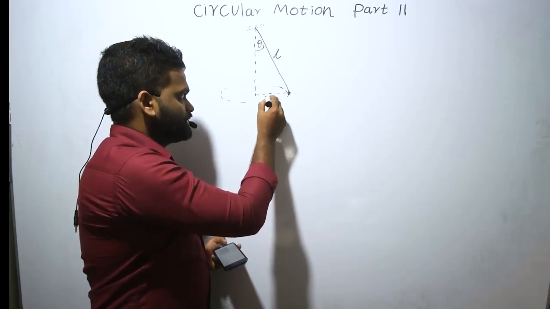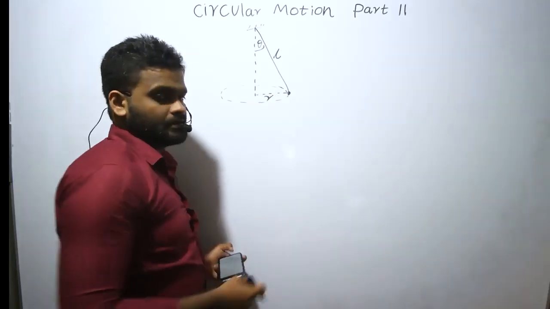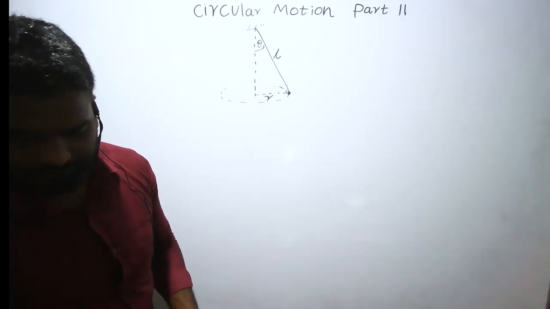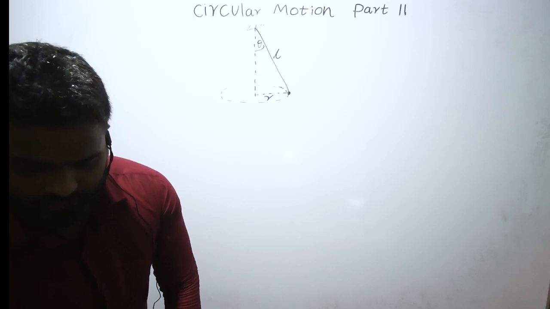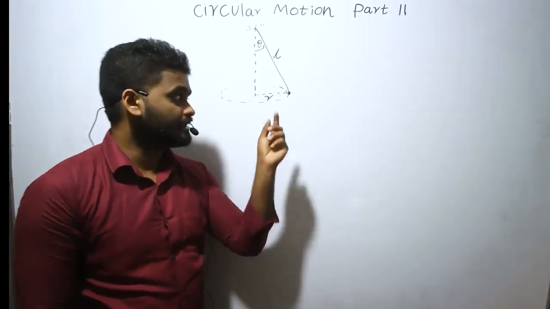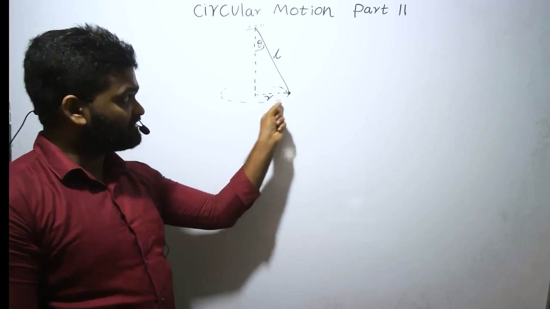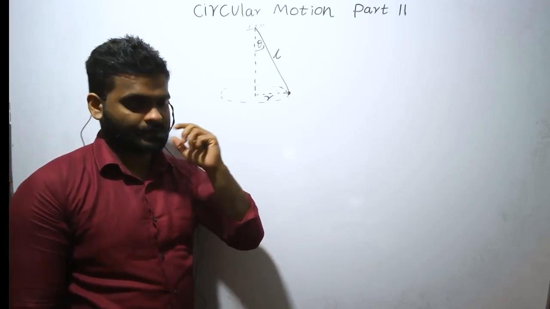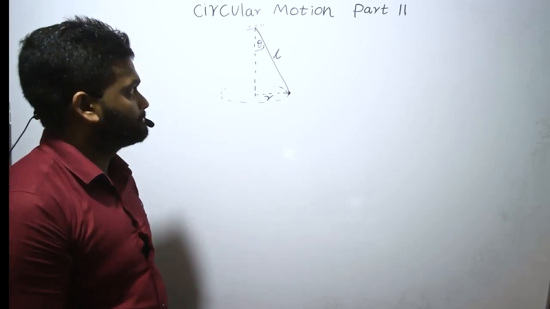I'll just put a new unknown, that is small r, right? So in this question, they are asking about the time period, the time required to complete one round, right? How do you find that?